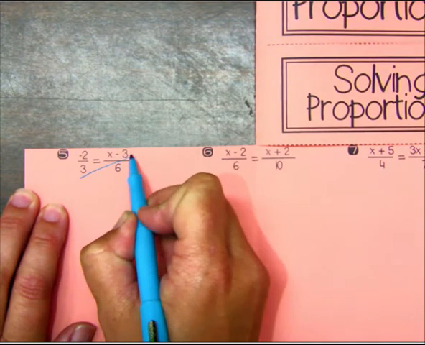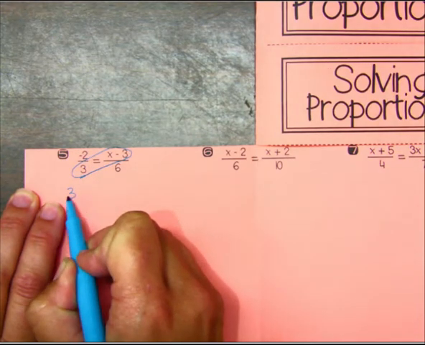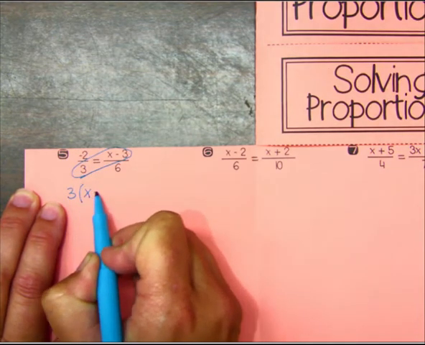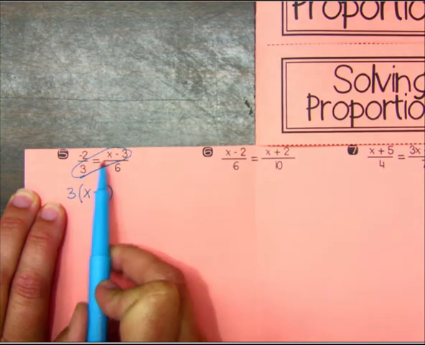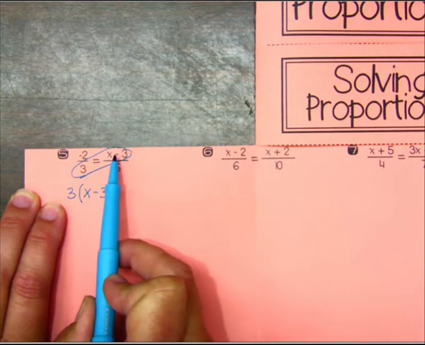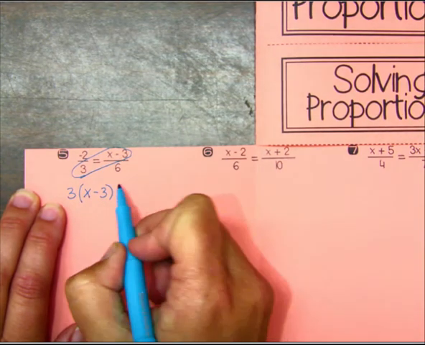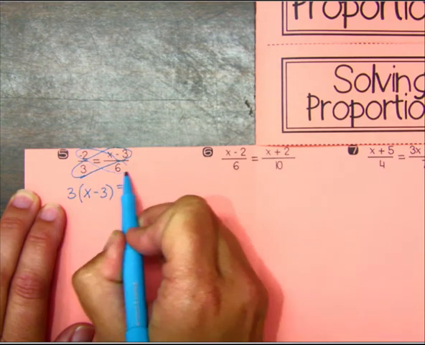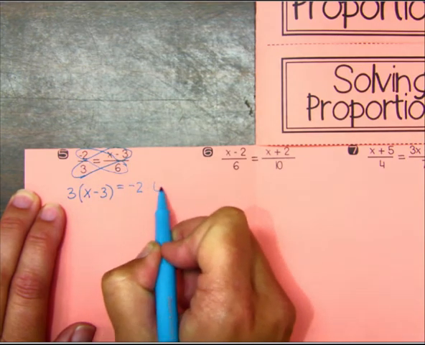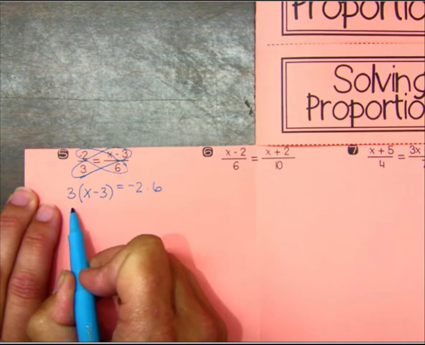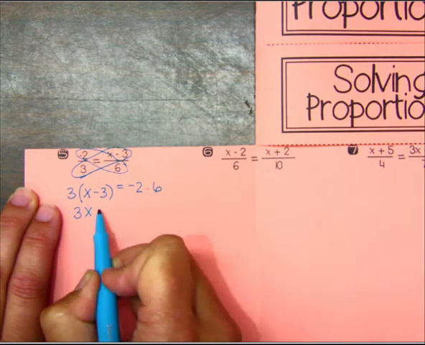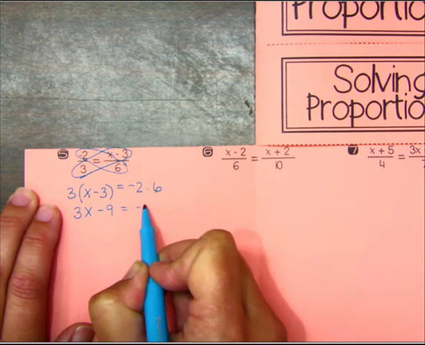When we multiply in this direction, we have 3 times the entire thing x minus 3. We have to multiply both of the things up here, both of the terms, by 3. And then on the other side we have negative 2 times 6. And so now when we clean this up, we get 3x minus 9 equals negative 12.